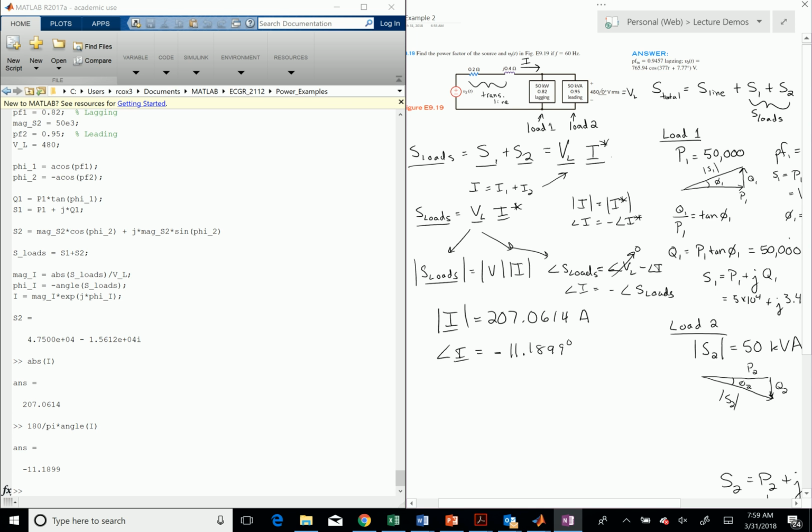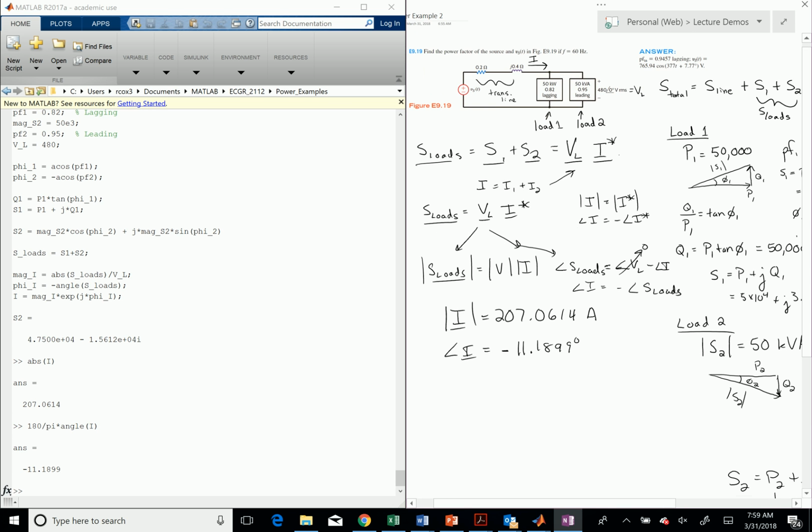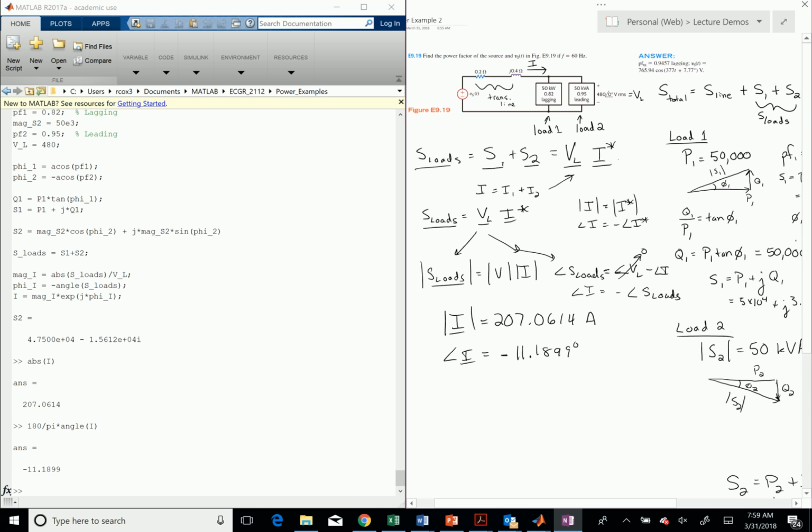Okay? All right. Now, knowing the angle, so basically knowing the phasor for I, right?